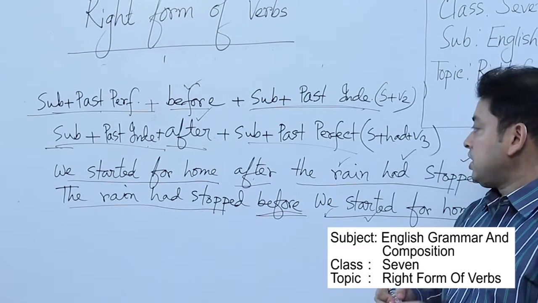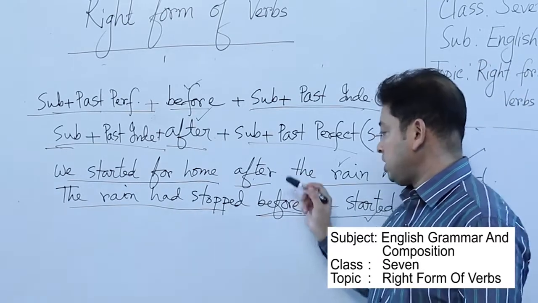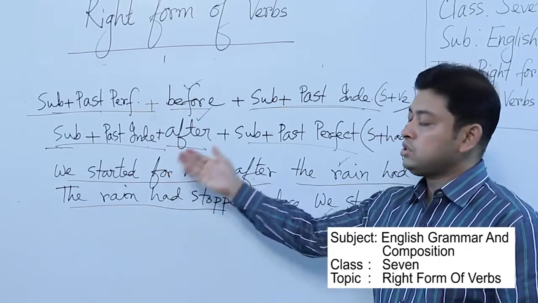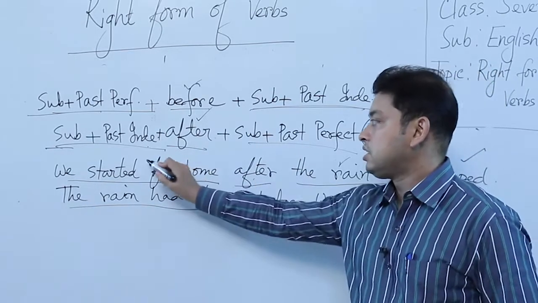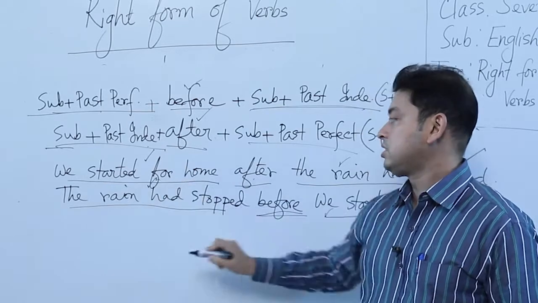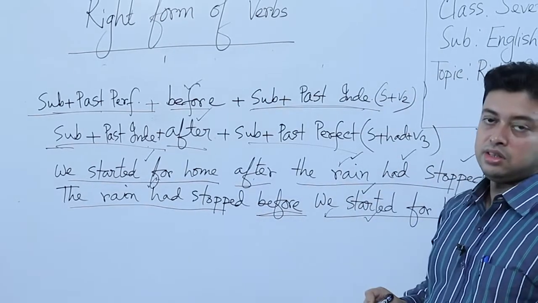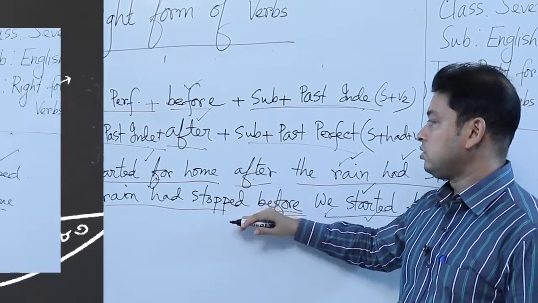So remember, when there is after, when there is before, this kind of grammatical changes will be done considering that very important tense. Tense is changing for after and for before.